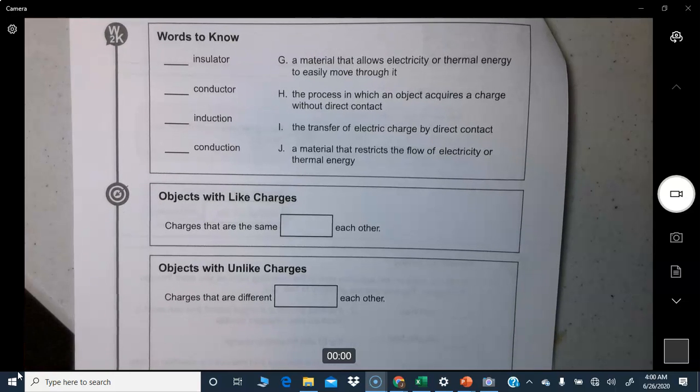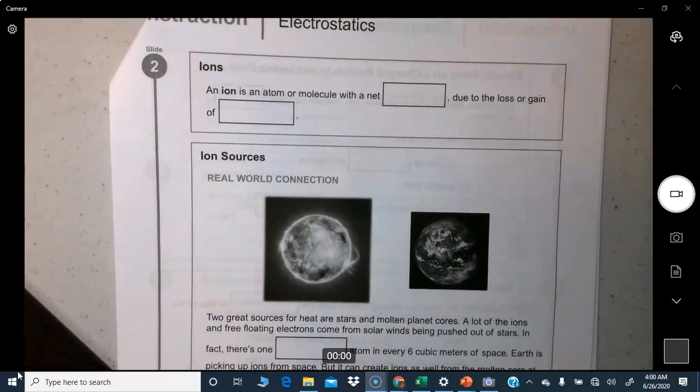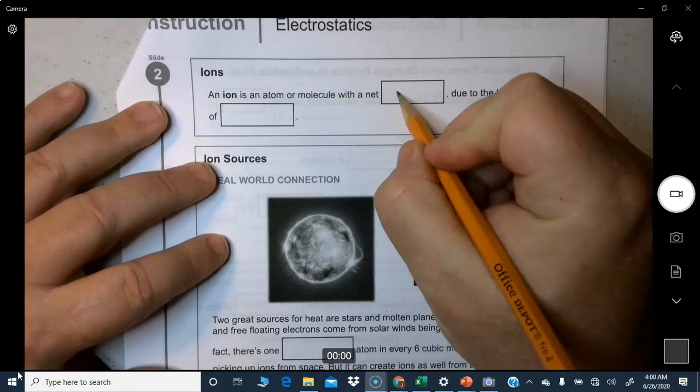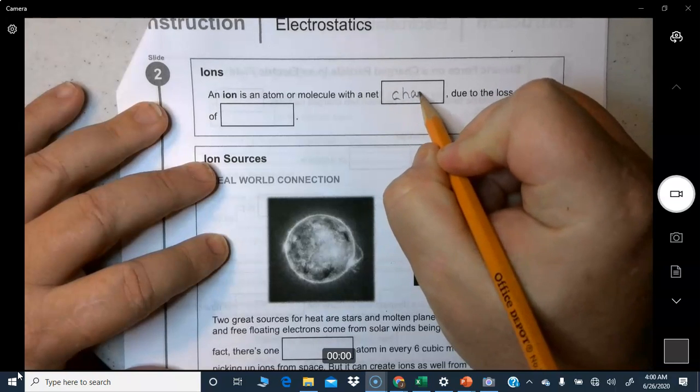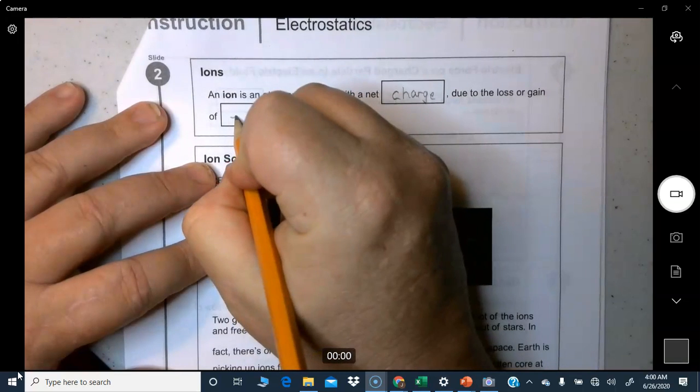All right, so let's move on to where we can do some answers based on what we just saw. If you move on to page 3, there are some questions you can now answer. So an ion is an atom or molecule with a net charge. And this is due to the gain or loss of electrons.